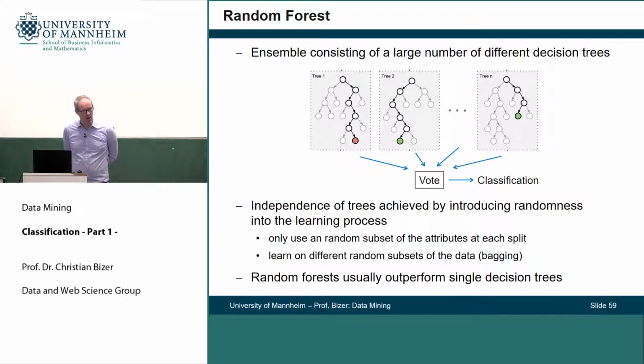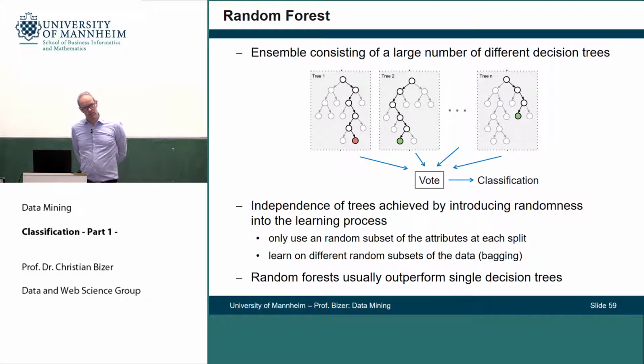And that's the idea of one variation of decision trees, which is called random forest, and it's quite widely used in practical projects. So we use an ensemble of a large number of decision trees, usually between 50 and 200 maybe.